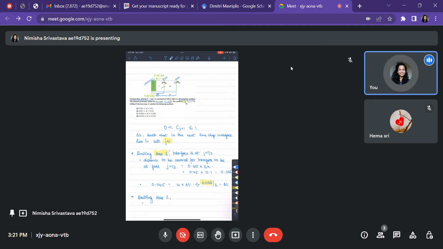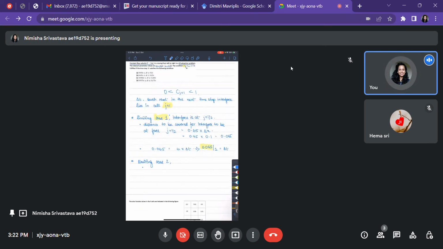Limiting case number 2 is that the interface lies at the other end of the cell, the j plus 1 itself. Okay, so for this we're going to have j plus 3 by 2 as the face at which the interface should lie. So let's see how much distance is needed to be covered.